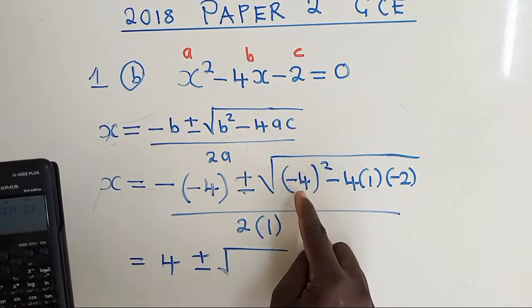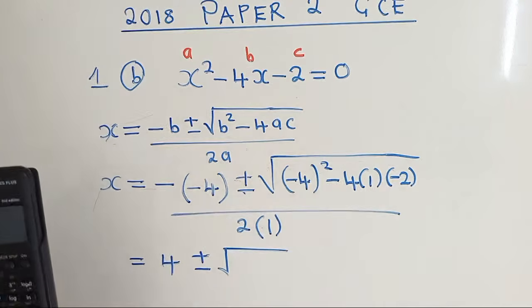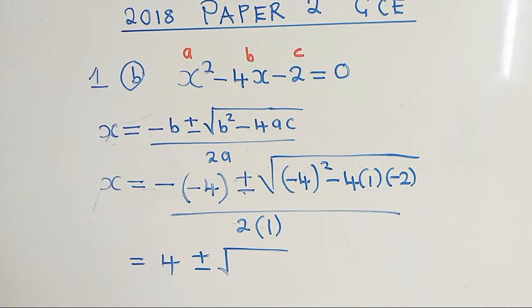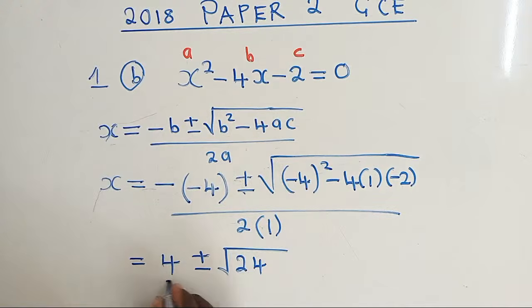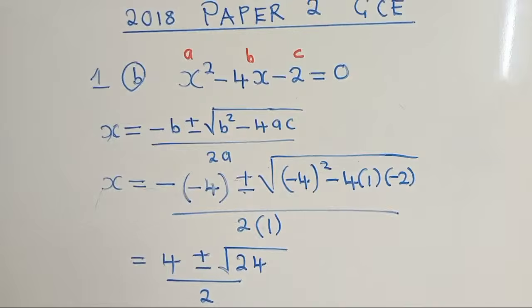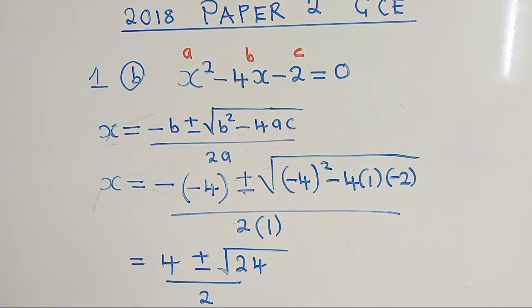Anything with a negative, remember to put them inside the brackets. So you're getting a 24, over 2. I guess it's clear up to here.